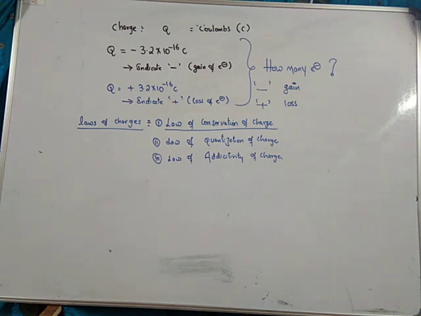After the process also we get the same strength at the end. Whatever the process may be, the charge won't be affected, it simply transfers. So the law of conservation of charge defines that it's neither created nor destroyed. Simply it transfers from one body to another body.